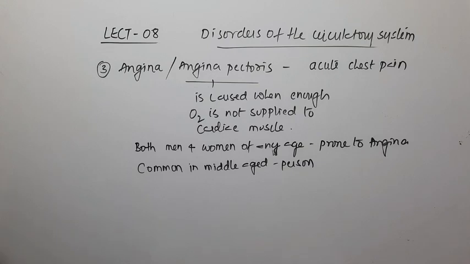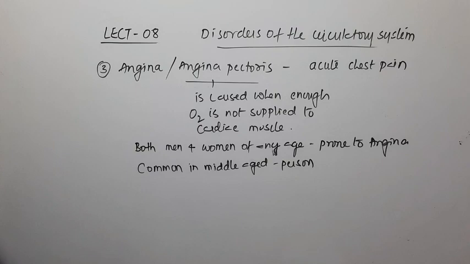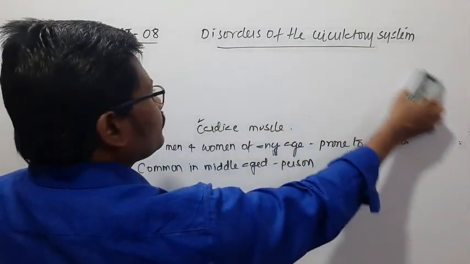The narrowing of the blood vessel results in less supply of blood to the heart muscles, and because of that, it may also result in this acute chest pain.